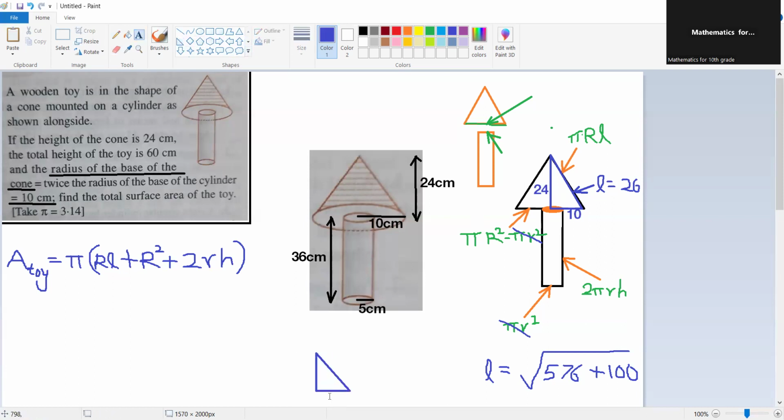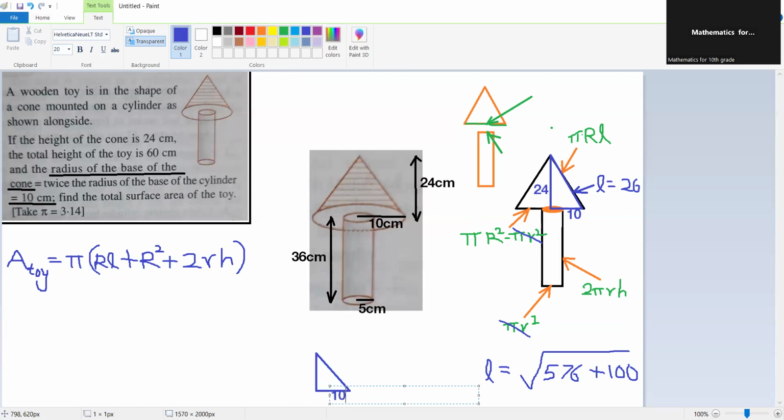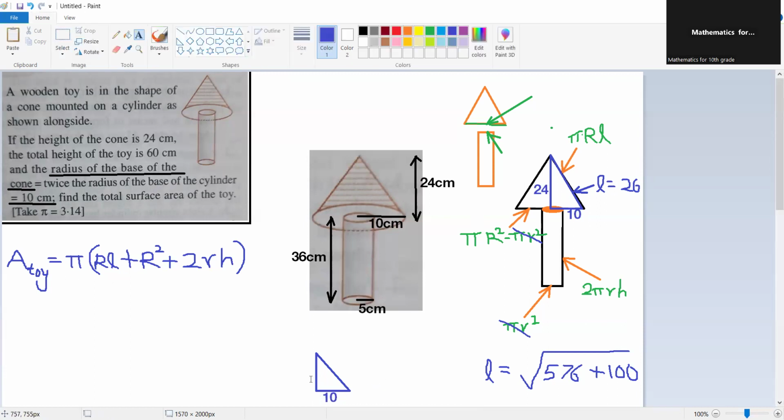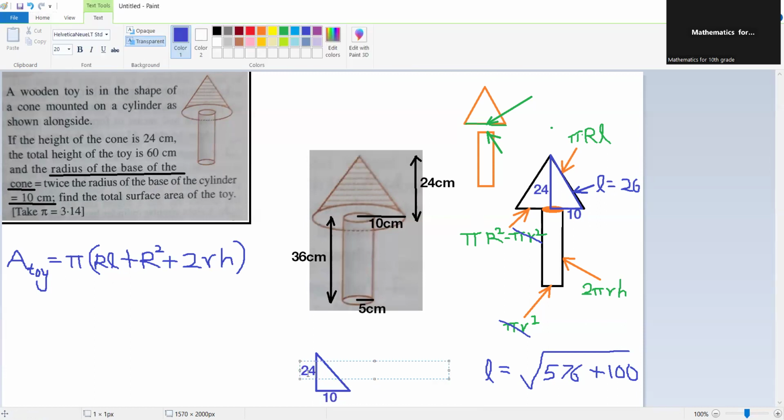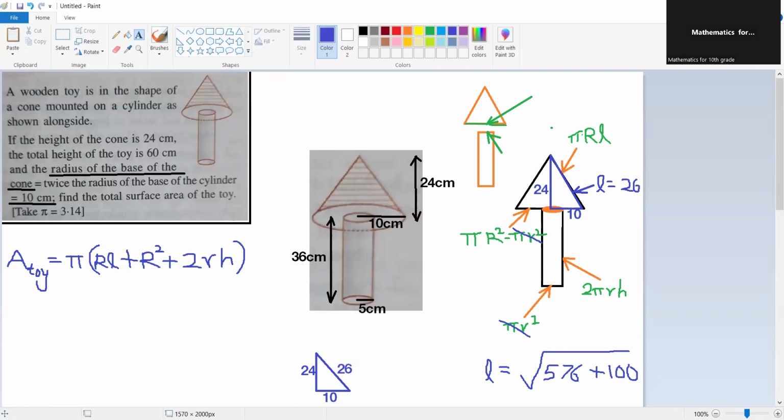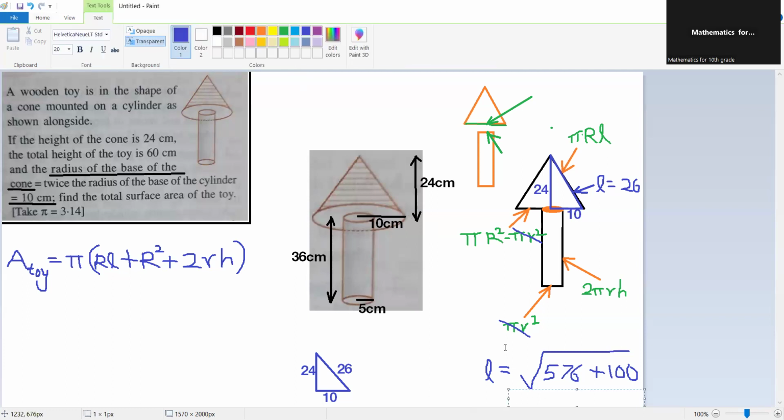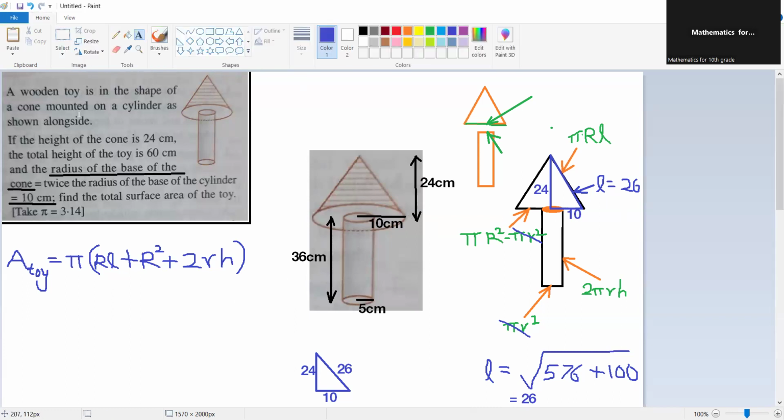If one leg is 10 and the other leg is 24, the hypotenuse would be 26, based on the Pythagoras theorem. So we got L as 26.